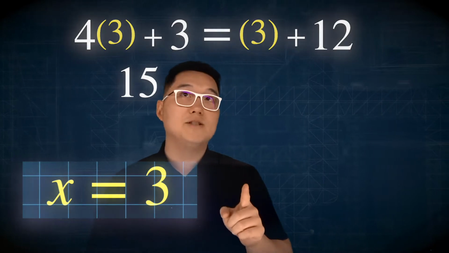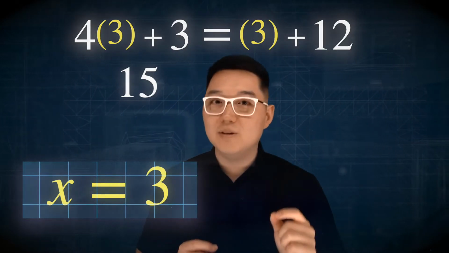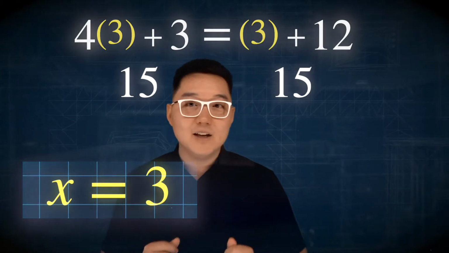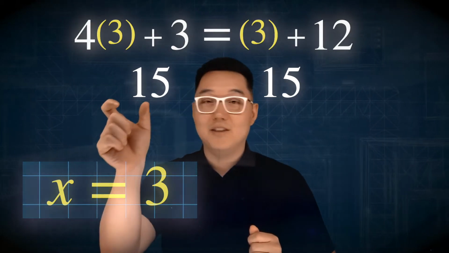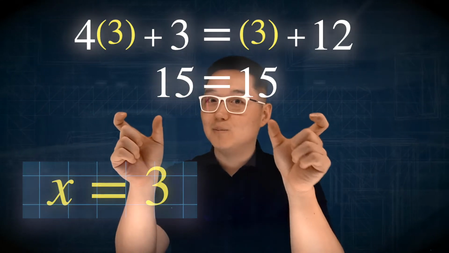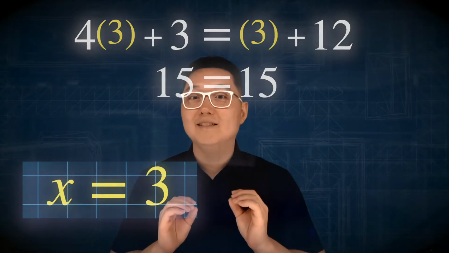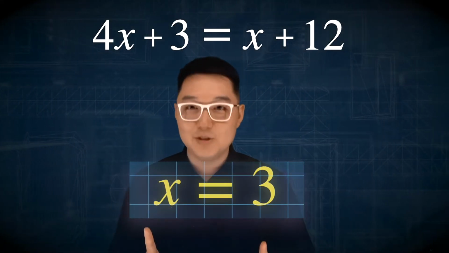On the second expression, we have 3 plus 12, which also gives us 15. So 15 on the first expression is the same value as the 15 on the second expression at x equals 3. Therefore, x equals 3 is the solution to this equation.